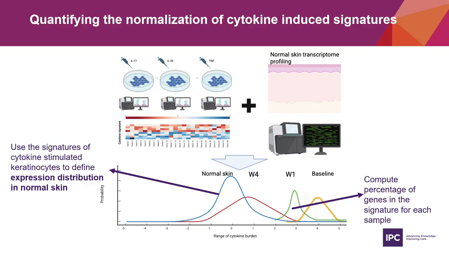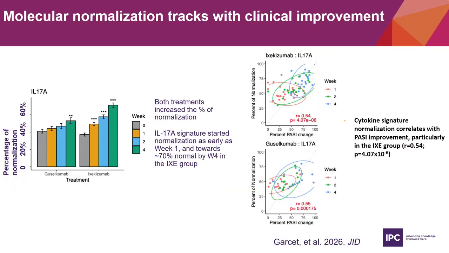So you see that this is the normal skin distribution, and we are now comparing against those baseline, week 1, and week 4 samples from the XR studies to see how much normalization they exhibit. This is just using IL-17 as an example.